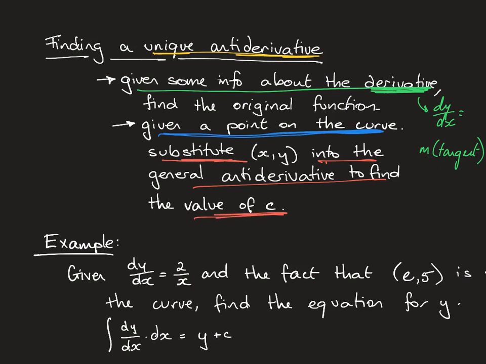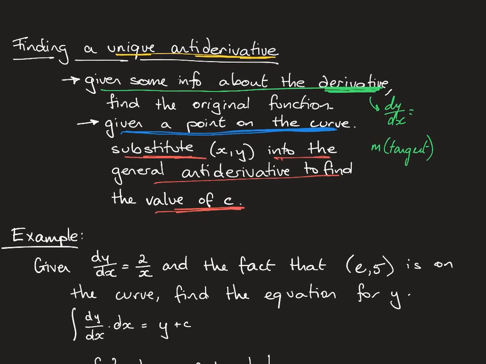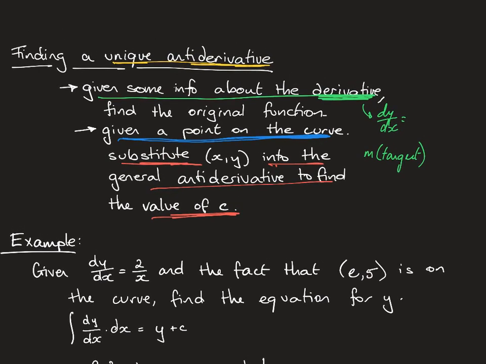So the sorts of questions that you get look like this one down here. Given that dy dx is equal to 2 on x, and the fact that the point e, 5 is on the curve, find the equation for y. So we're going to use the idea that the integral of a derivative gives you the original function plus your constant, whatever the constant is at the end.